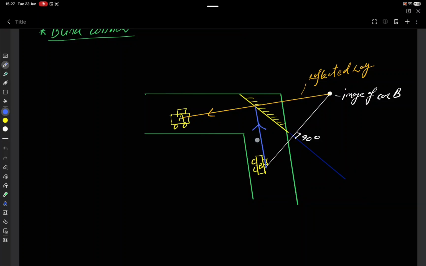This is the incident ray which meets the reflected ray at the mirror, and this is the normal. So this is our incident ray.